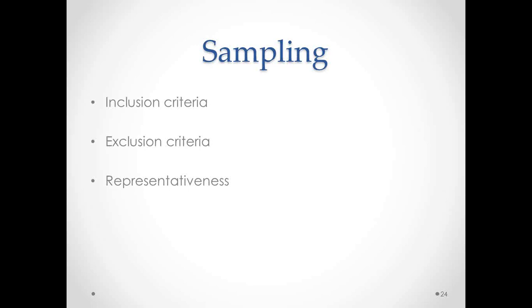Is that adequate? Well, it may be, dependent on the question that you're trying to ask and the context in which you're asking it. So again, size is not everything, but is that adequate? You have to ask yourselves a number of questions about your sampling technique.